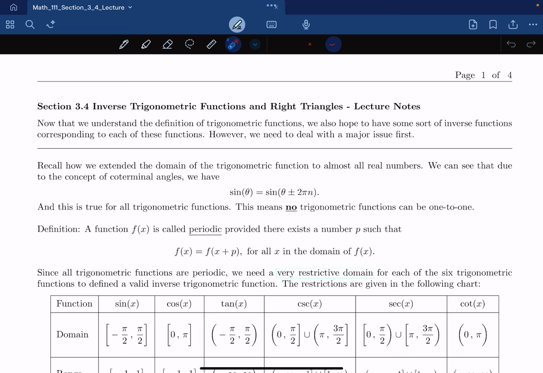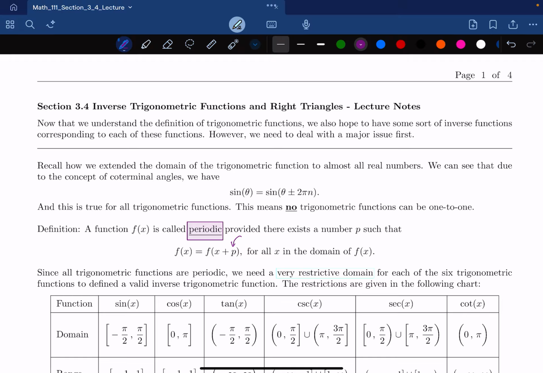This type of function is collectively called a periodic function, basically because it starts to repeat itself after a certain period. By definition, if f of x equals f of x plus p, this is really just a horizontal shift.